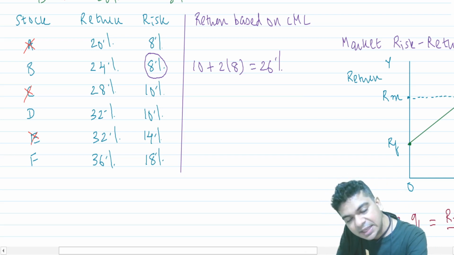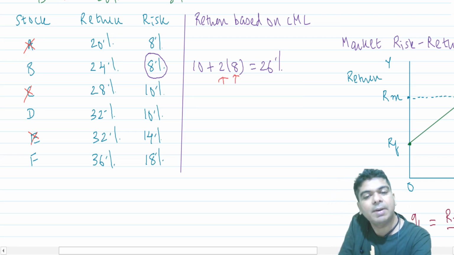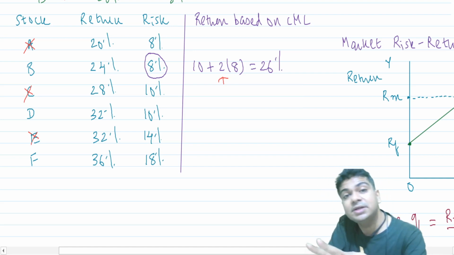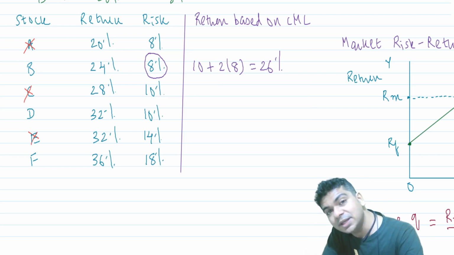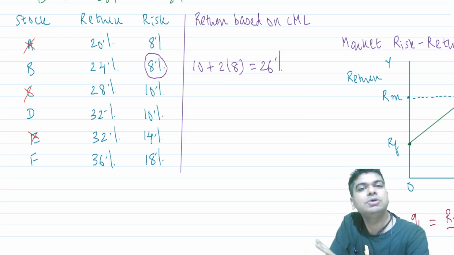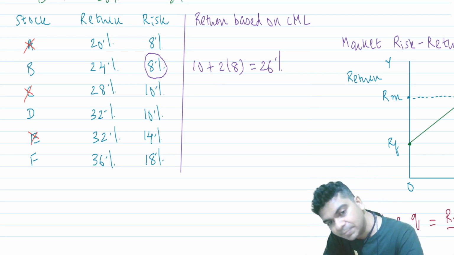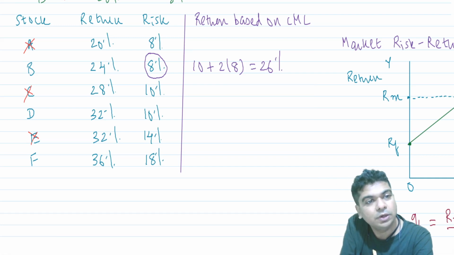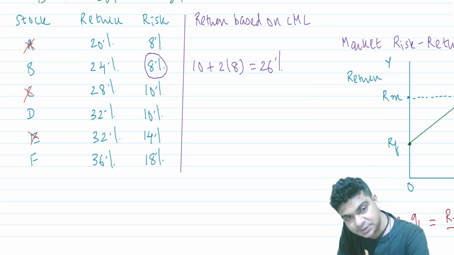So my risk is 8. I multiply that by 2. That means I require 16% return. But 2% is not total return. 2% is return in excess of the risk-free rate of return. And we assume that the risk-free rate of return is 10. So I get 10 plus 2 into 8, which is equal to 26%.